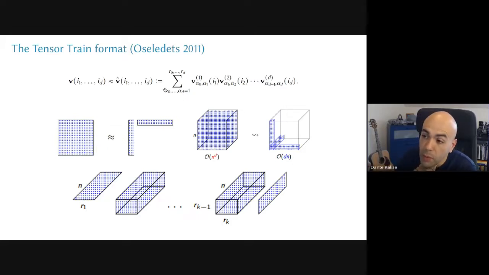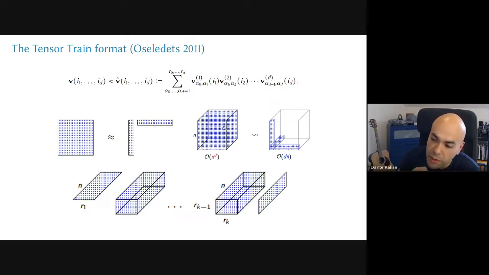Well, people many years ago doing tensors started thinking about how we can extend this idea to higher dimensional objects. So for instance, in 3 dimensions, your value function is not anymore a matrix, but a 3-way tensor. It has 3 entries.